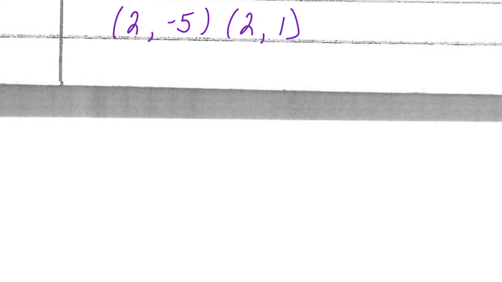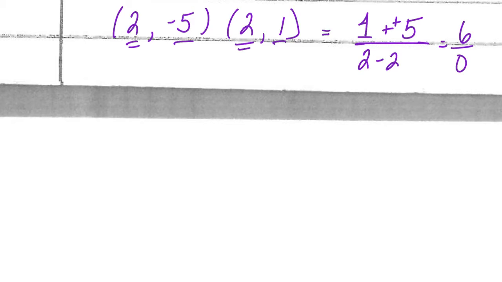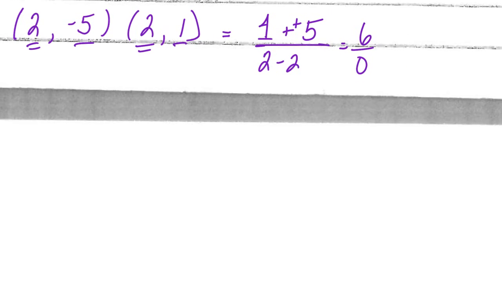All right, what if I had this? Change in y, positive 1 minus a negative 5 over the change of x, 2 minus 2. This is going to be 6 over 0. And remember that that 0 in the denominator means undefined.